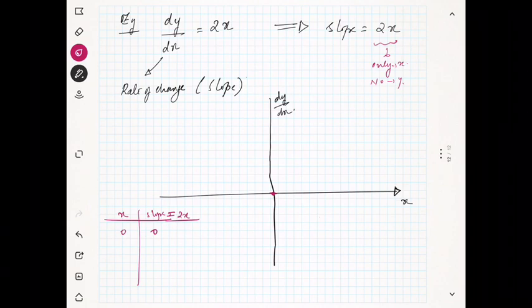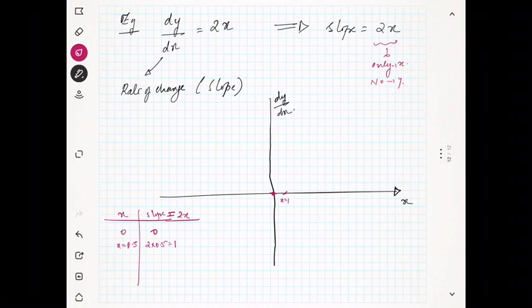Now let us consider when x is equal to 0.5, for example, then the slope is equal to 2 into 0.5, which is equal to 1. The slope is 1. Suppose this is the point where x is equal to 1. At this point you have a slope which is equal to 1, maybe that is 45 degree.